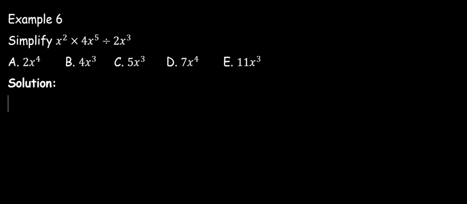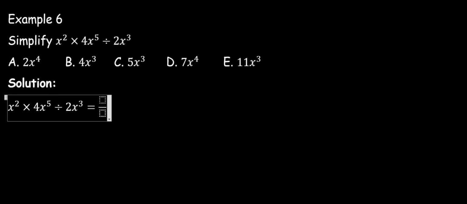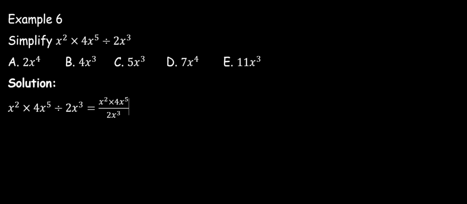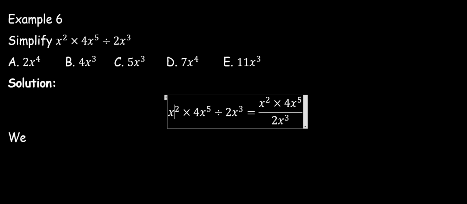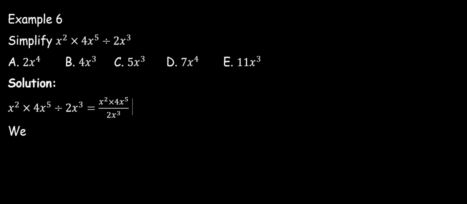Solution. x squared times 4x raised to power 5 divided by 2x raised to power 3 is equal to, we are taking a fraction now, the numerator x raised to power 2 times 4x raised to power 5 divided by 2x cubed. We divide the numbers as usual, then apply the indices rule to the powers of x.